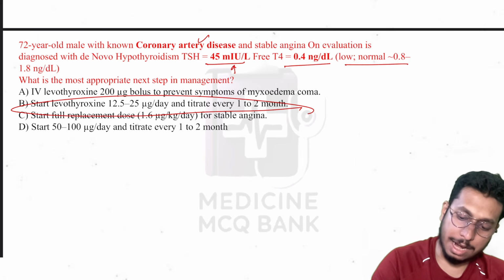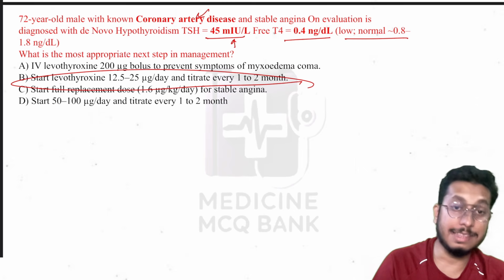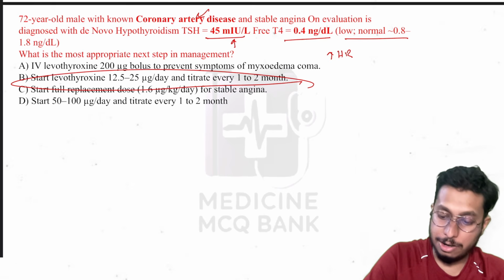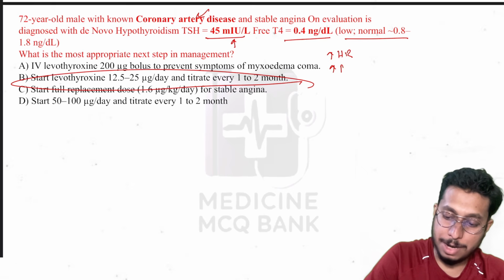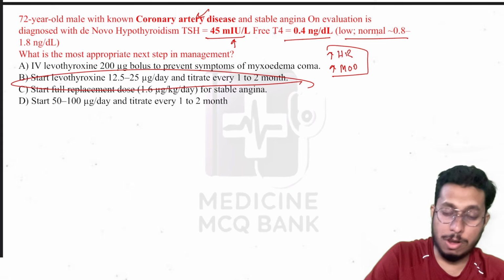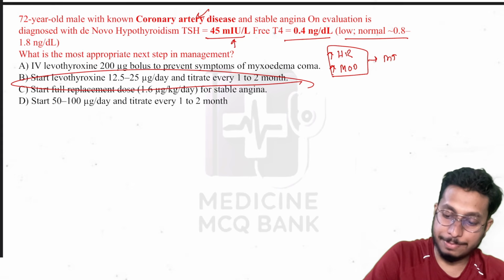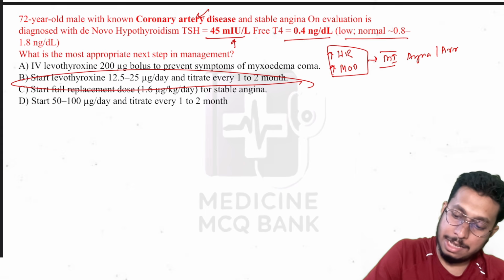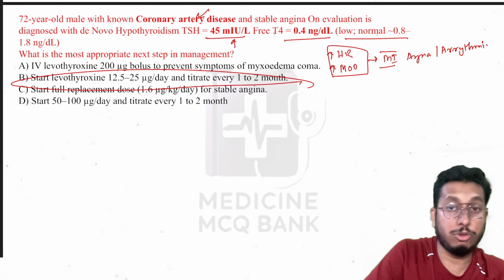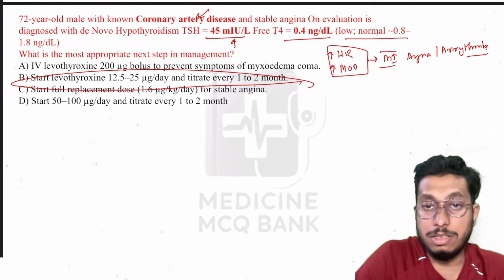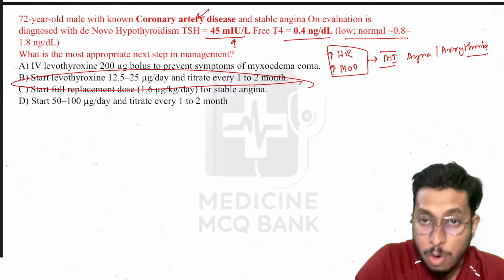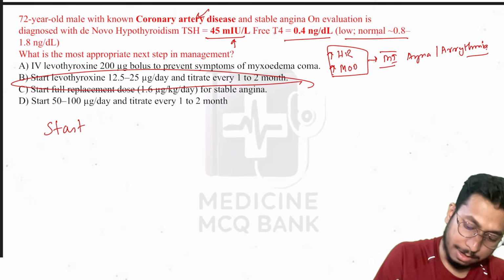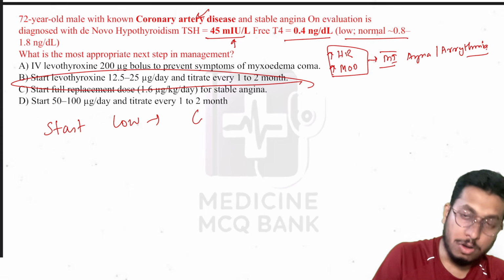Because in the presence of coronary artery disease, if you suddenly increase the thyroxine level, it will increase the heart rate and myocardial oxygen demand. All of these can precipitate MI and angina as well as arrhythmia. Therefore, in cardiac diseases, it's always better to start low and go slow.